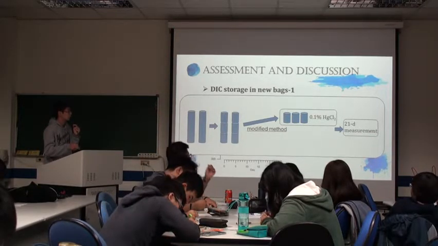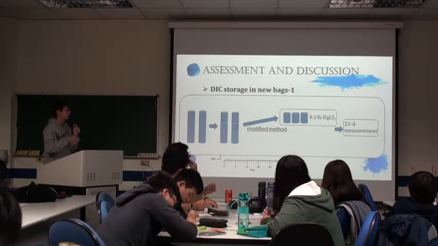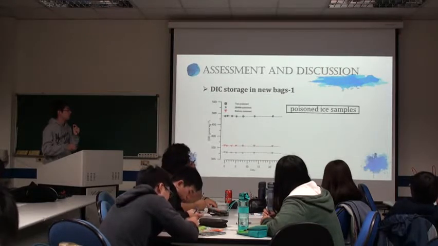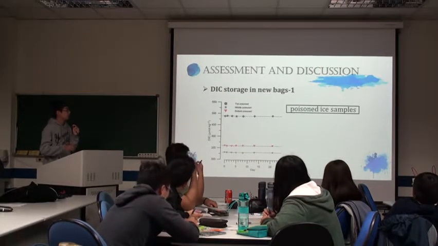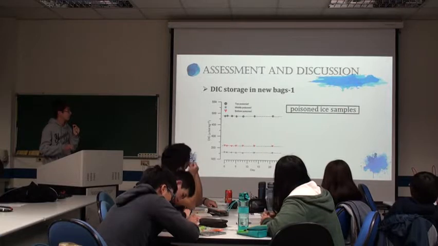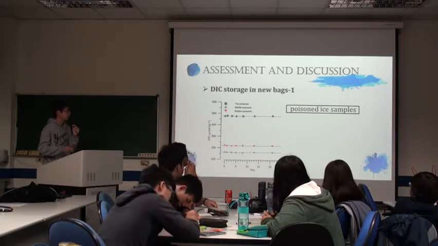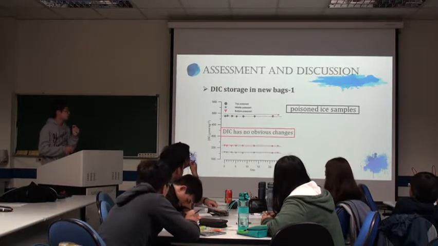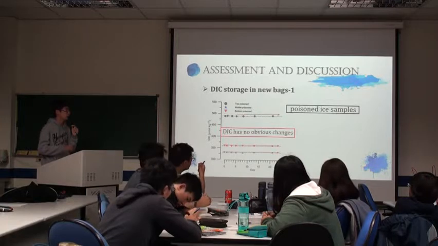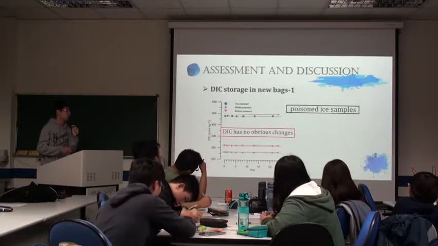There were two figures to explain the result. This is a poisoned ice sample, and the x-axis is day, the y-axis is the concentration of DIC, and we can find that during the 21 days, the DIC has no obvious change.